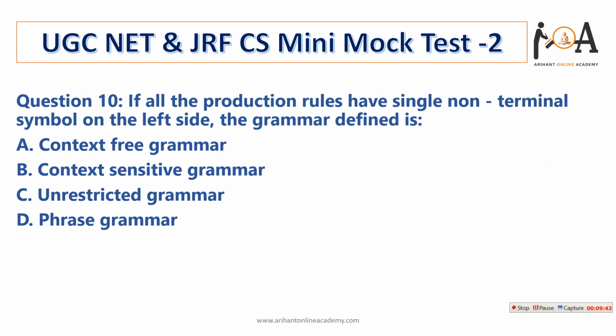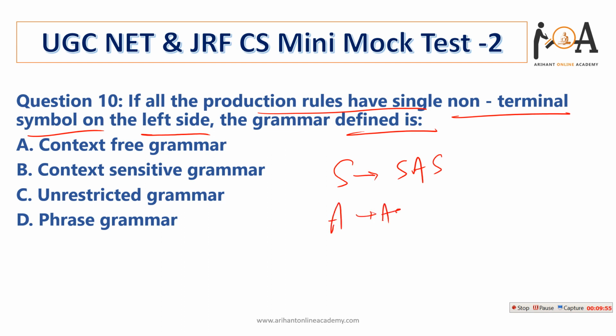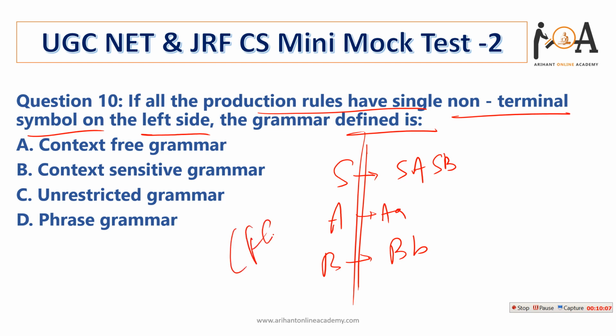The next question is, if all the production rules have a single non-terminal symbol on the left side, the grammar defined is. So suppose on the left side S derives SAS, or A derives AA, or B derives BB. If on the left side you have only a single non-terminal symbol, then it is called CFG, that is context free grammar.